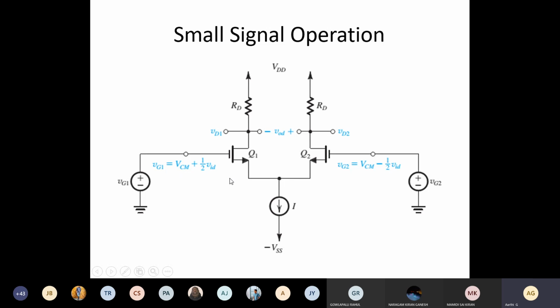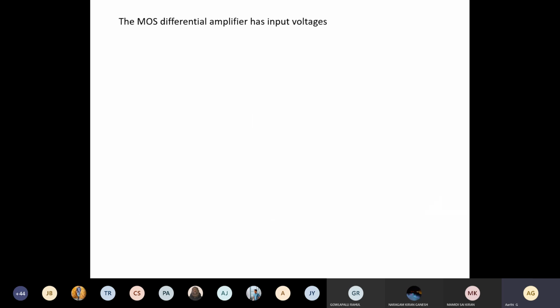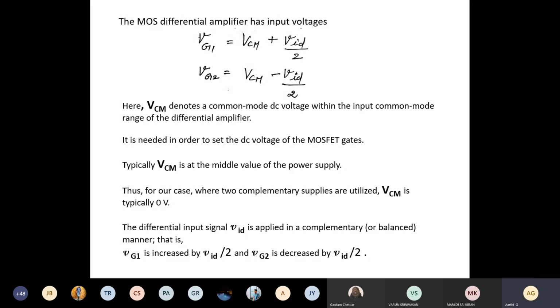So you can directly draw the small signal model. You can just write down the equations for VG1 and VG2. The MOS differential amplifier has input voltages VG1 and VG2. VCM denotes the common mode DC voltage within the input common mode range of the differential amplifier. It is needed to set the DC voltage of the MOSFET gates, so it is typically at the middle value of the power supply.